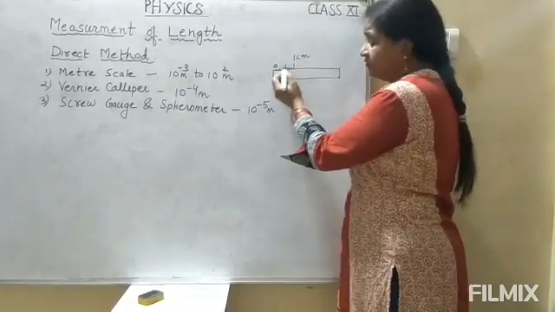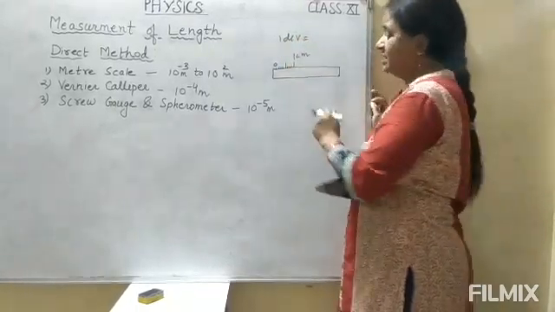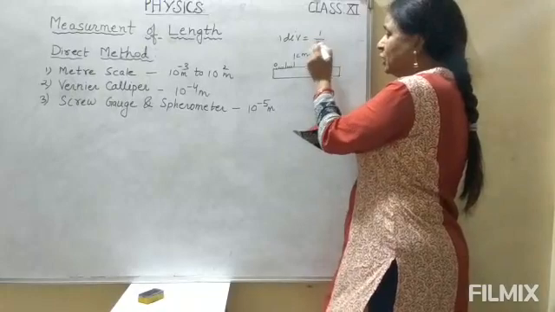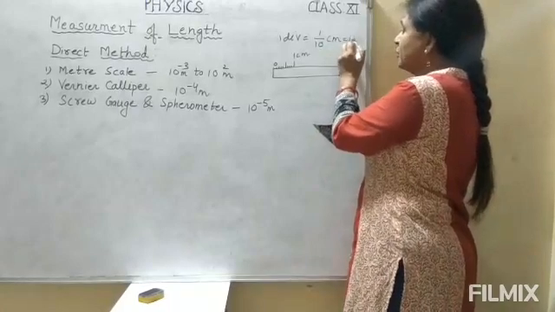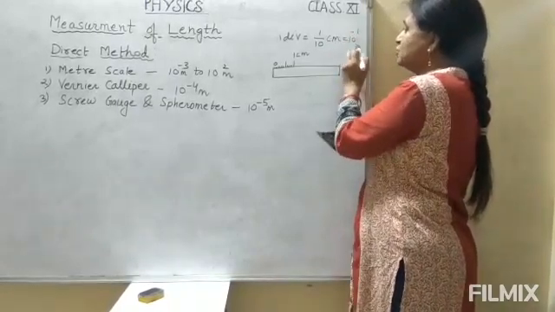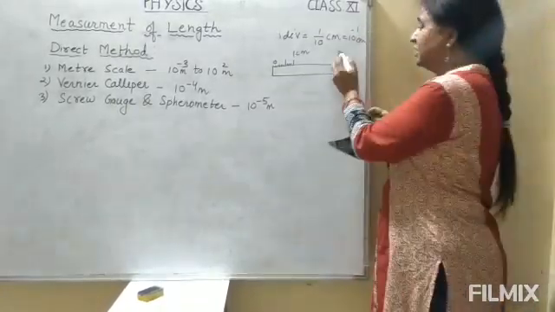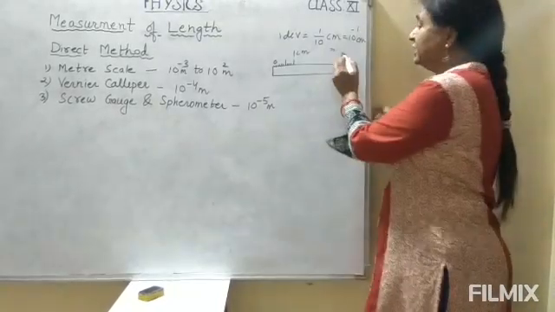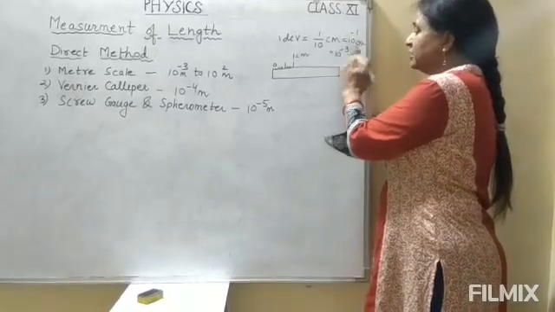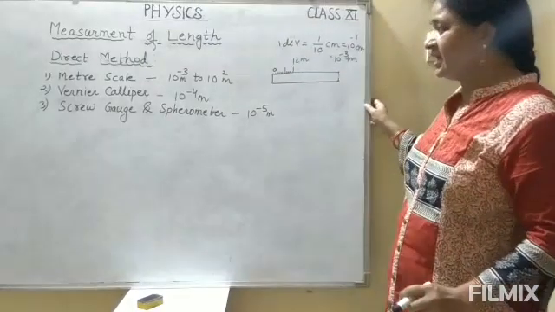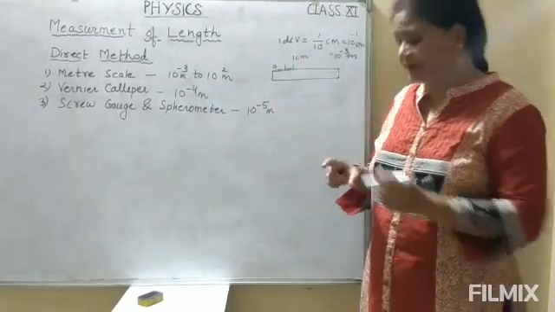What is the value of one division if we ask? The value of one division will be equal to 1 upon 10 centimeter, which means 0.1 centimeter or 10 raised to power minus 1 centimeter. When we convert this into meter, it will be equal to 10 raised to power minus 3 meter. So a meter scale can measure a very small distance equal to 10 raised to power minus 3 meter.